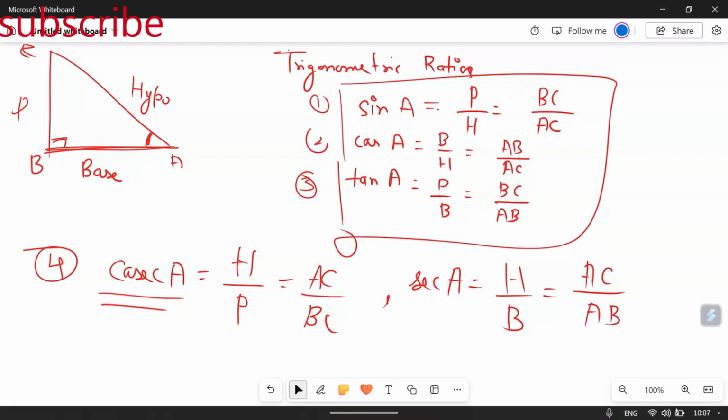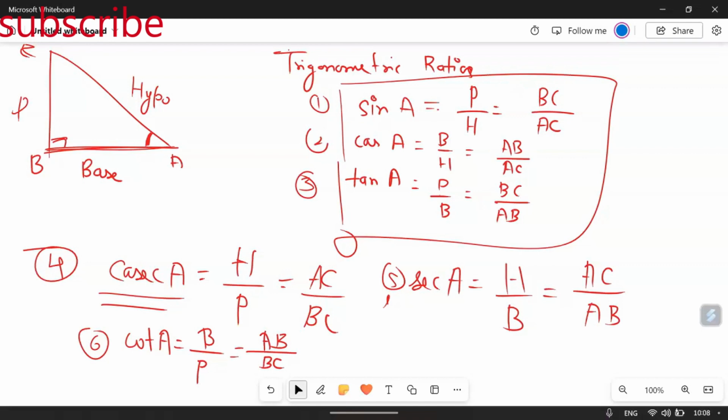And the last one, but not the least, the sixth one, is cot A. Cot A is base upon perpendicular, just opposite to tan A, so we can say AB upon BC. So these are all the six trigonometric ratios. You must understand them: sin A, cos A, tan A, cosec A, sec A, cot A.